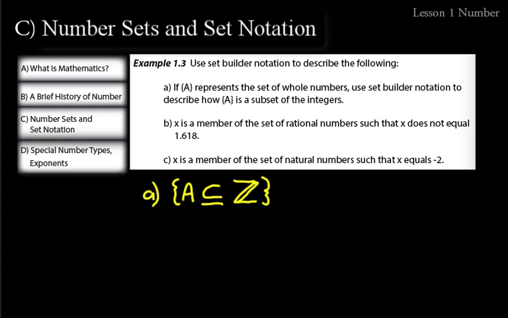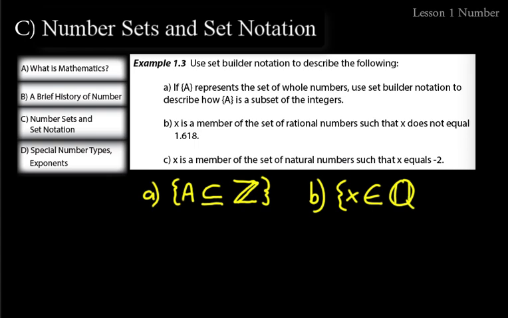And then B, X is a member of the set of rational numbers such that X does not equal 1.618. Let's start with our set brackets, and X is a member of the set of rational numbers. That's the Q, and we'll put these little lines on there to use that font.